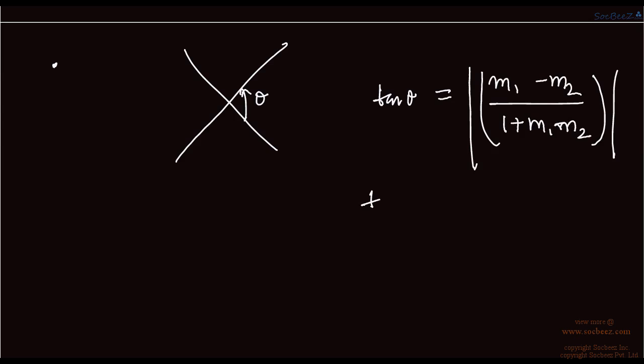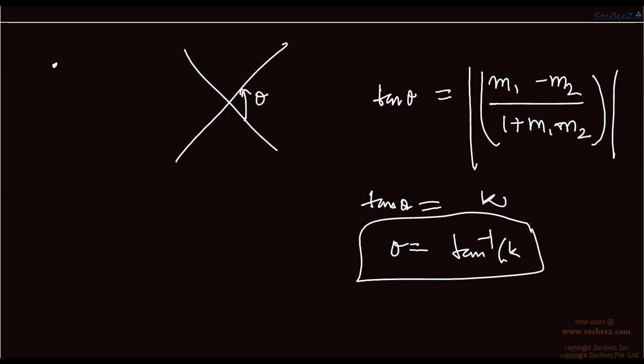If it is negative, then tan theta will be a positive value. So let's say this is k. Then theta will be tan inverse of k. So if they want you to calculate the value of theta, then you just have to take the tan inverse of this k. Now the slope of this line is m1 and this line is m2. That's why m1 minus m2 upon 1 plus m1 m2.